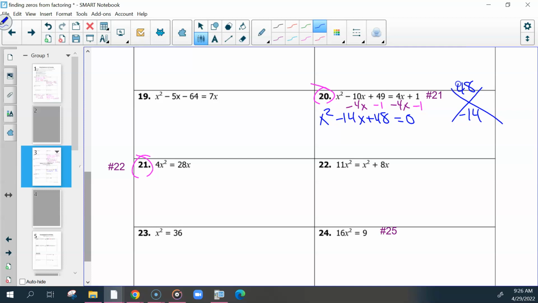Not 7 and 7. Negative 6 and negative 8. So x minus 6 and x minus 8. Set both equal to 0. What would our solutions be? 6 and 8.